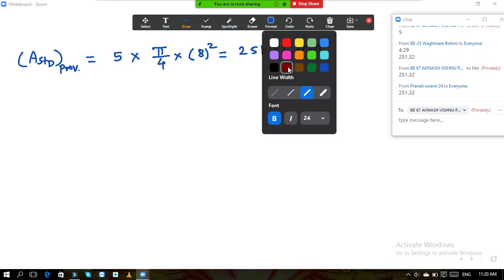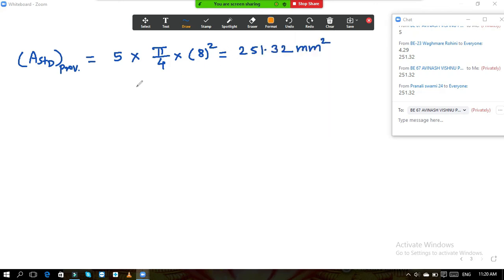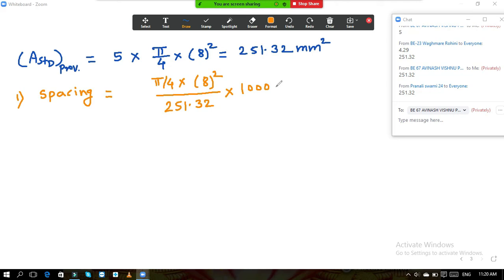So for the spacing, spacing is equal to area of single bar divided by Ast provided, that is 251.32, that we are going to provide, multiplied by width.